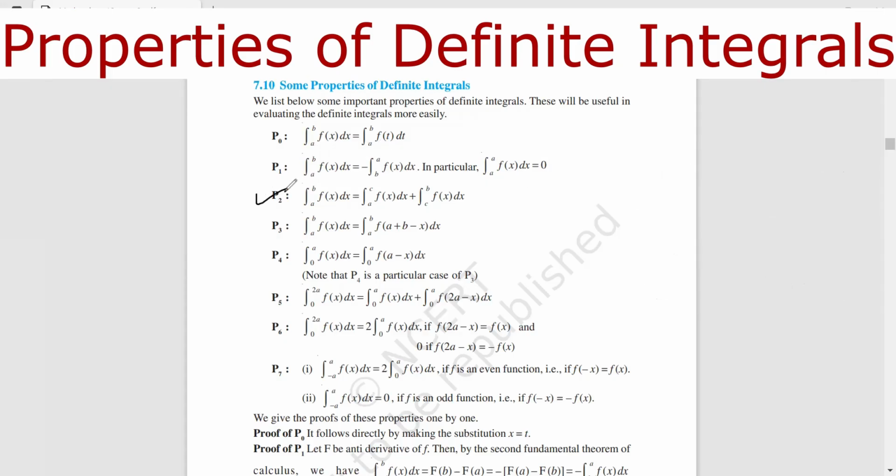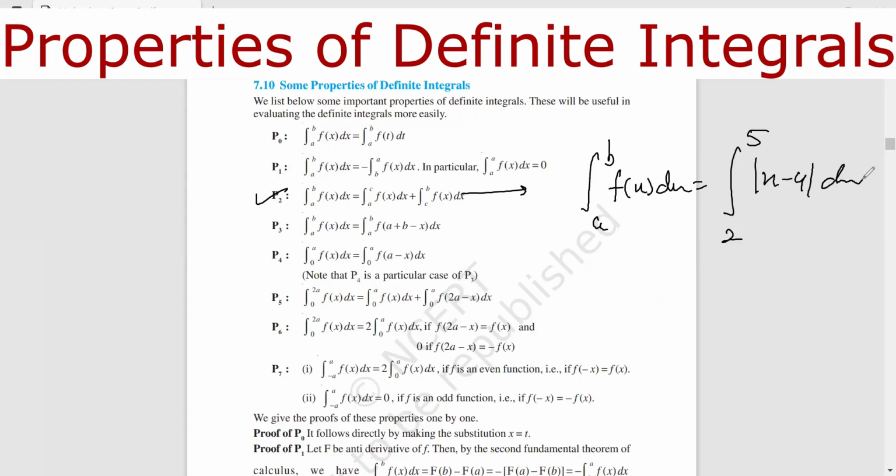Third property, which is generally used in case of the modulus function. This is the integral from a to b of f(x) dx. Suppose I have the integral from 2 to 5 of modulus x minus 4 dx. In such a case, this property is used.